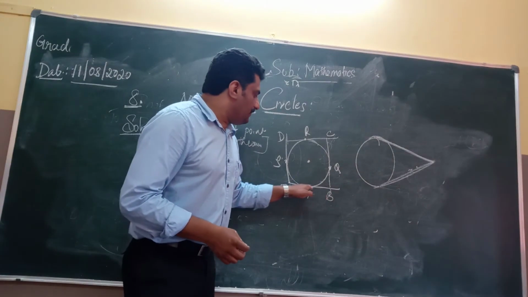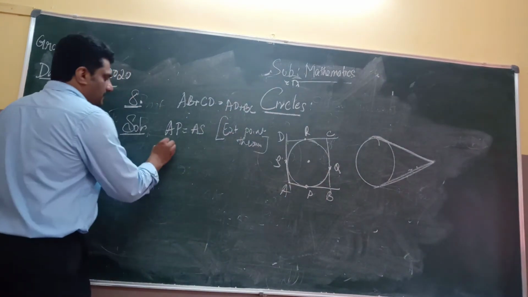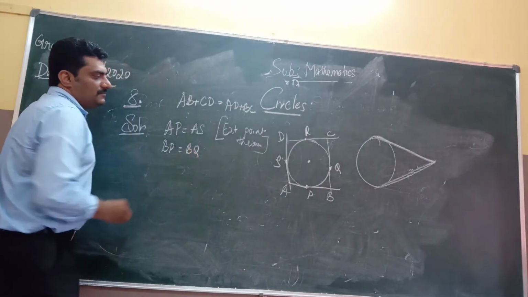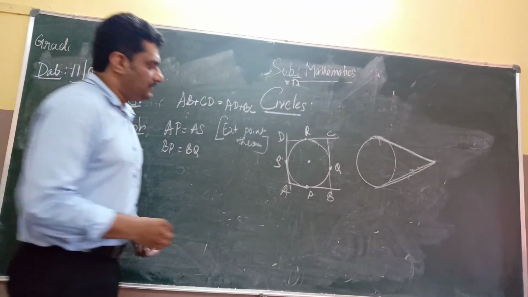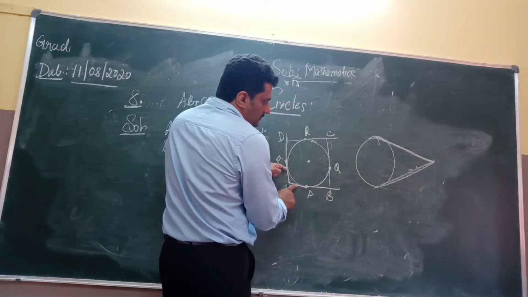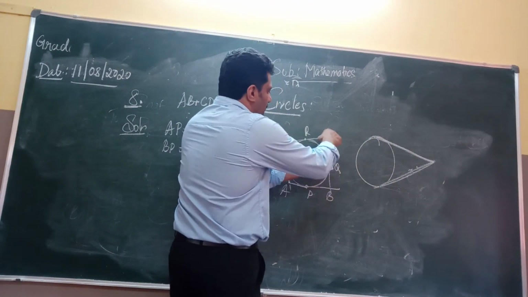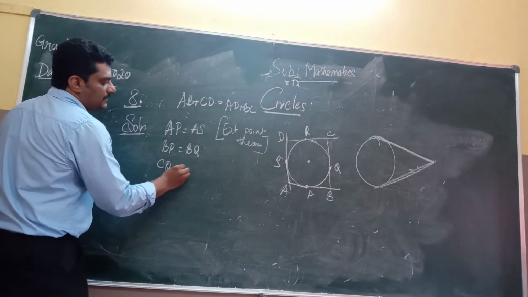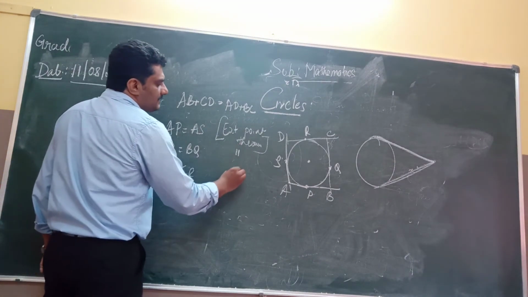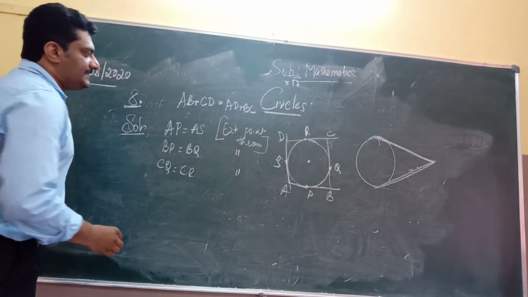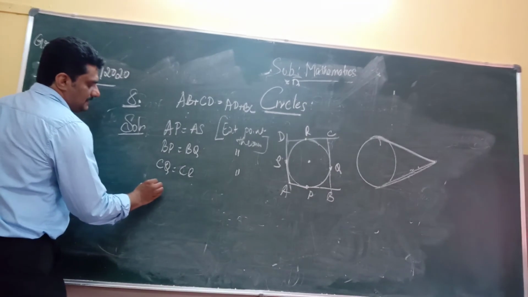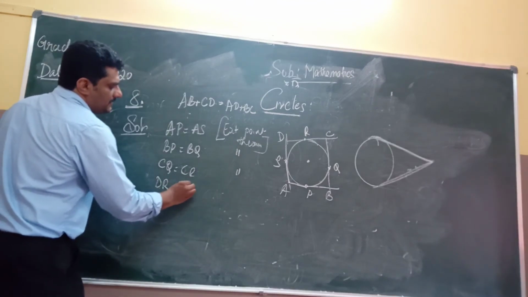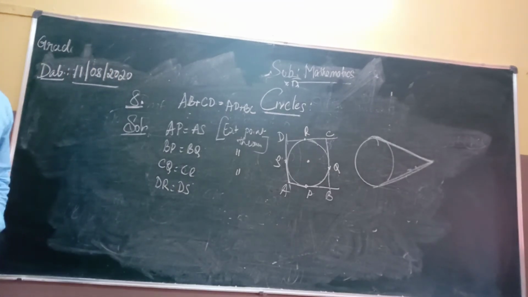Next, BP is equal to BQ. Same thing. First we did these two, now you take these two. CQ is equal to CR. The reason is the same. And then DR is equal to DS. Understood?